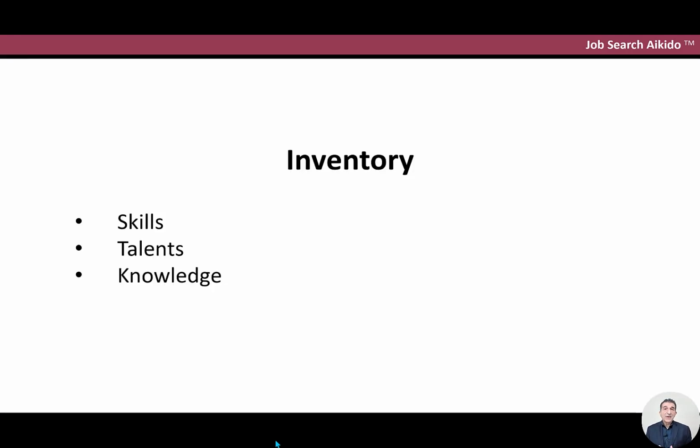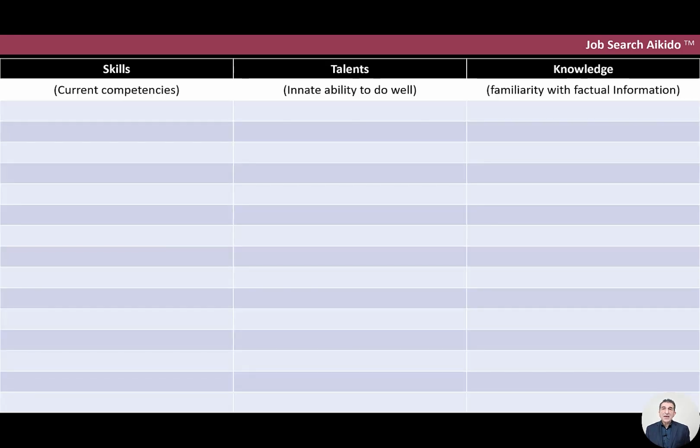Okay, welcome back. The next thing we want to look at is making an inventory of your current skills, talents, and relevant knowledge. So take a few minutes and list out your skills, talents, and knowledge on this sheet. Please exclude things that are obsolete and not something that you can leverage in your current job.